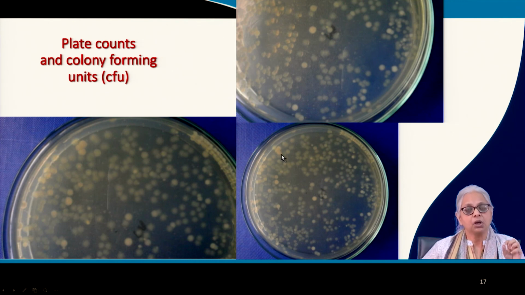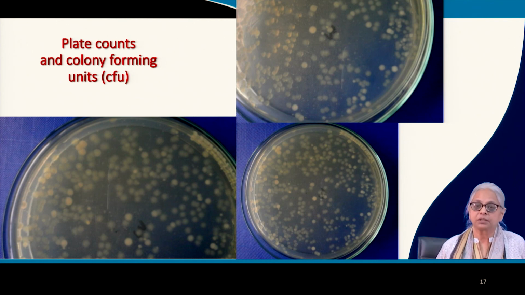Now each colony represents a different species. You need to isolate these species and look at them using biochemical test kits to decipher which one of the species it is. So plate counts will not give you that information unless you are using species specific media.